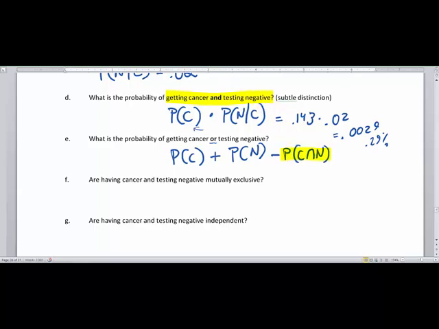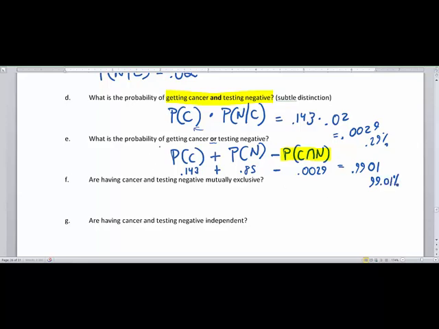So the probability of getting cancer is 0.143. Testing negative is 0.85. Then we subtract the overlap that we found over here, 0.0029, and we get an answer of 0.9901 or 99.01%.